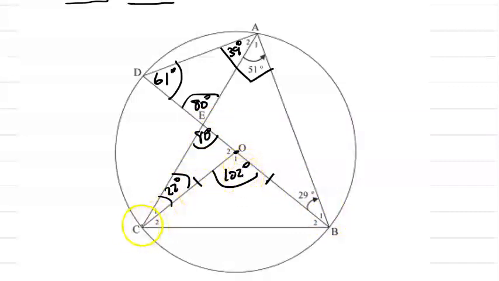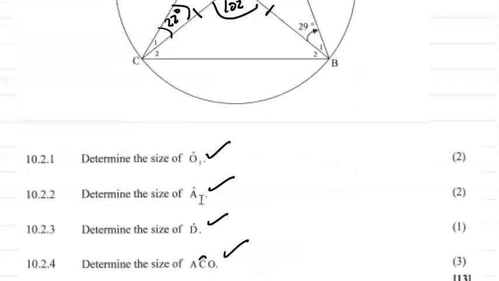Or you could just simply say that this is also an exterior angle of a triangle. So you could say CEO equals 80 degrees, exterior angle of triangle equals the sum of the interior opposite angles. And then we can say C1 equals 22, exterior angle of triangle as well. So basically in this question, we've got 2 reasons, exterior angle of triangle.